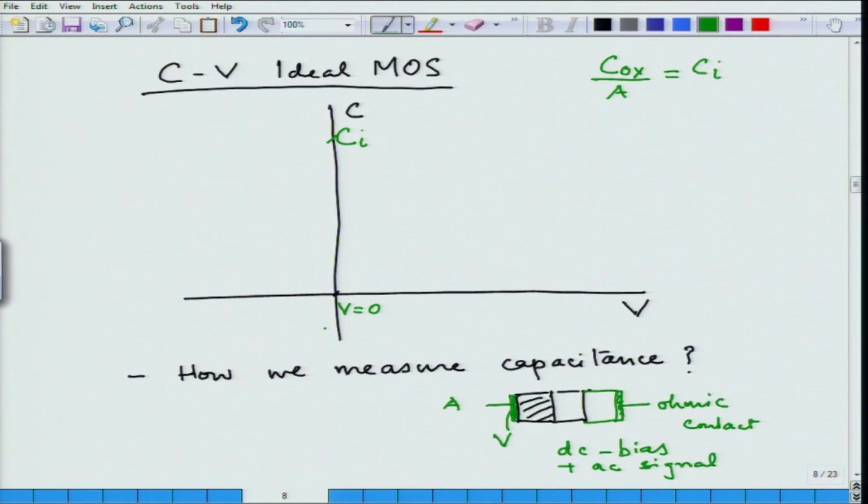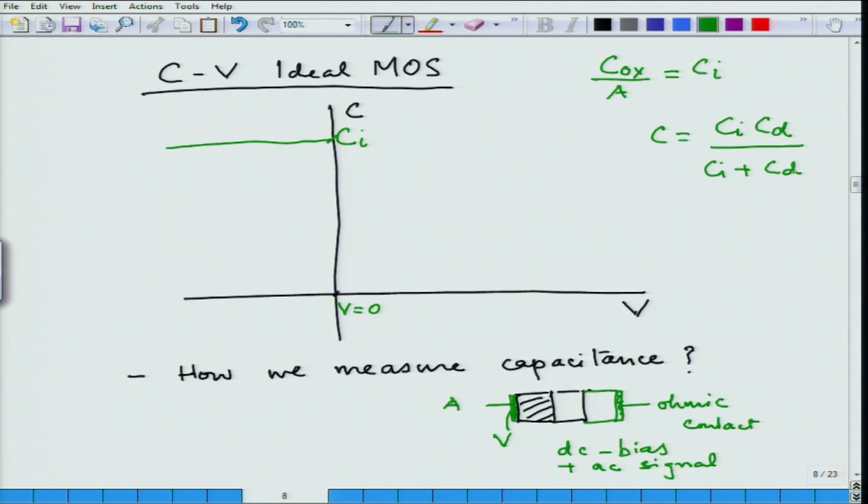When we go towards negative voltage, which was the condition for accumulation, as we had seen, it is basically again the capacitance across the oxide, so this remains constant. When we go towards positive voltage, the depletion starts, and now the capacitance is going to be the capacitance of the insulator in series with the capacitance of the depletion area in the semiconductor, and it will be given by this value.